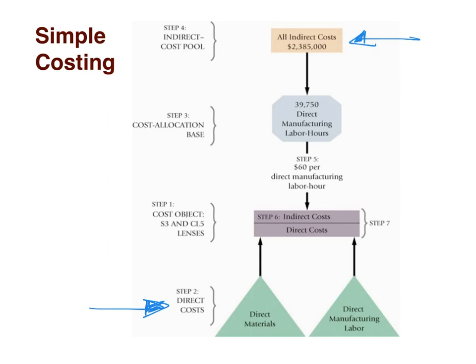So instead of taking time and effort to calculate how many drops we used on this chair versus this chair, we're going to use something that we allocate the cost based on. So for example, in this example here, our cost allocation base was direct manufacturing labor hours. So we're going to use direct manufacturing labor hours to allocate all of our indirect or overhead costs.